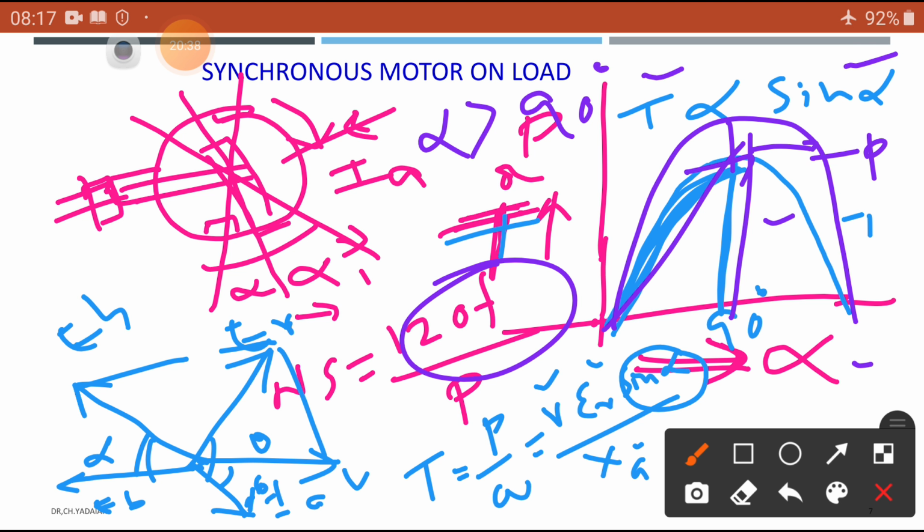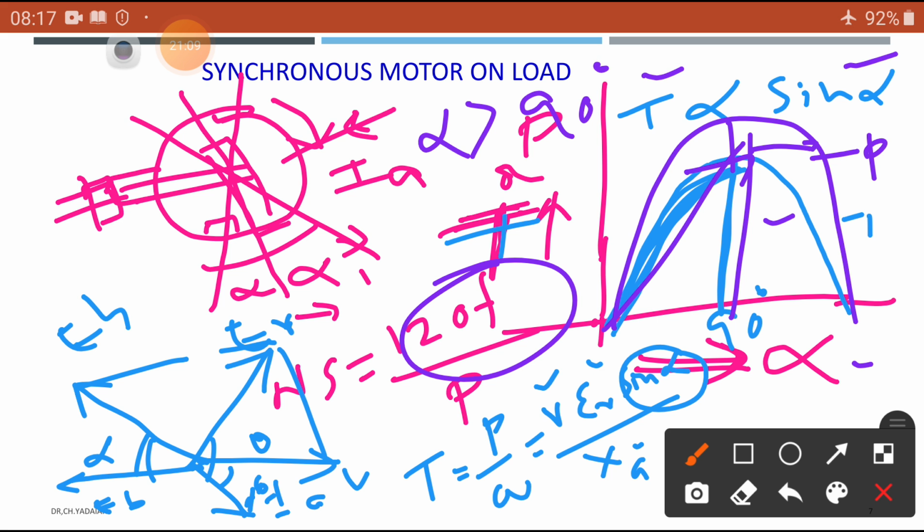But in this process, what happens? The rotor overshoots and hence is again pulled back, overshoots, undershoots. In this way, the rotor starts oscillating like a pendulum about its new position of equilibrium corresponding to the new load.